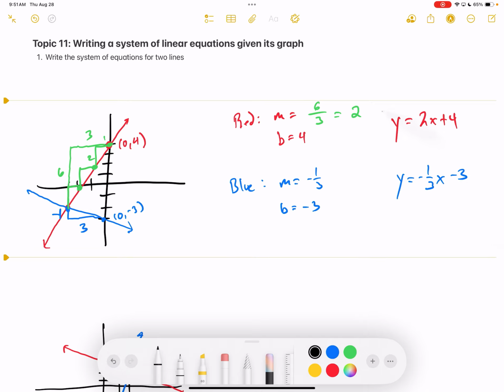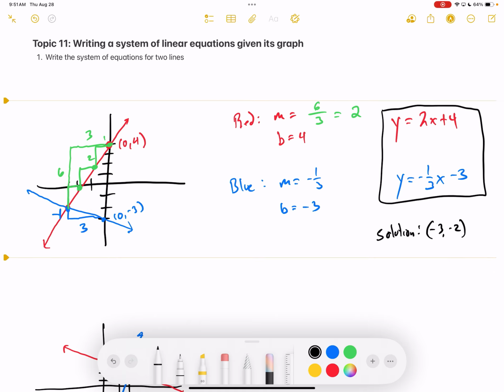So this is my system of equations. And we can also look at this and say that the solution to this system of equations would be at -3, -2. I don't think they ask you for that, but the point of intersection would be the solution for that system of equations. So this one, you just got to read the graph.